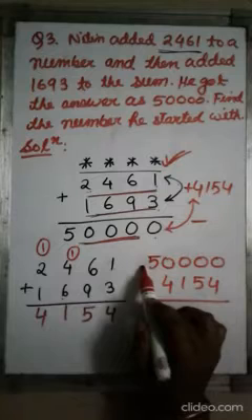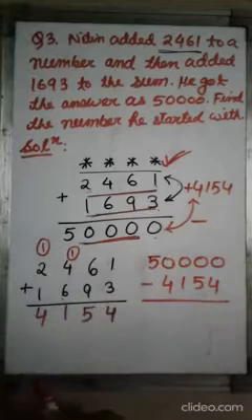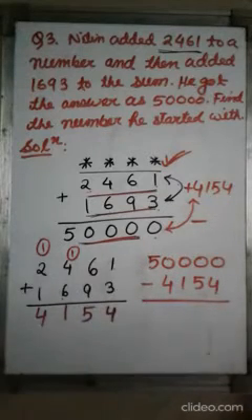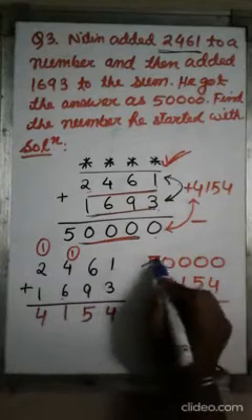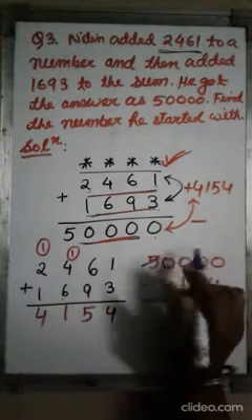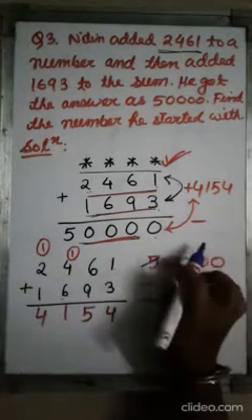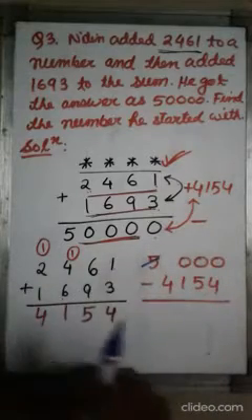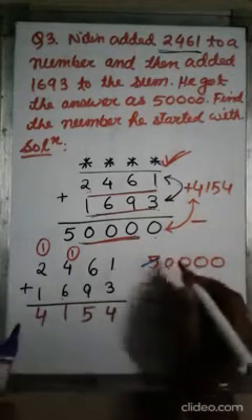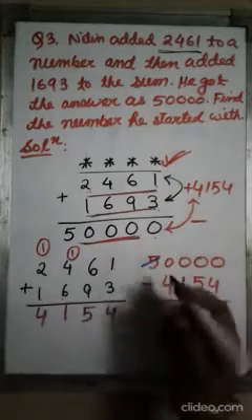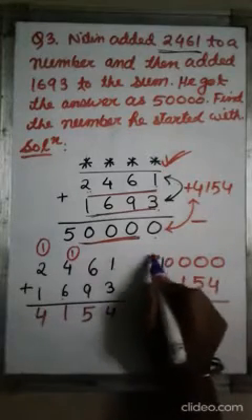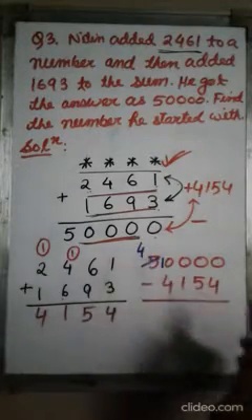If I take 1 from 5, this number will become 10. This 5 will become 4.